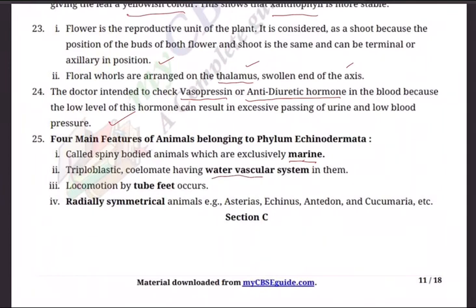Second point, most important, they are triploblastic, with 3 layers: ectoderm, mesoderm, endoderm, and a coelomate body cavity having the most advanced water vascular system. Locomotion is by tube feet. And what about the symmetry? Radially symmetrical animals. Examples: Asterias, Echinus, Antedon, and Cucumaria. You can remember it as starfish.